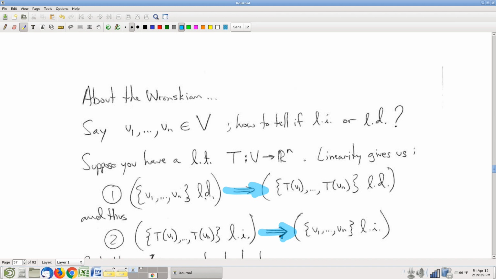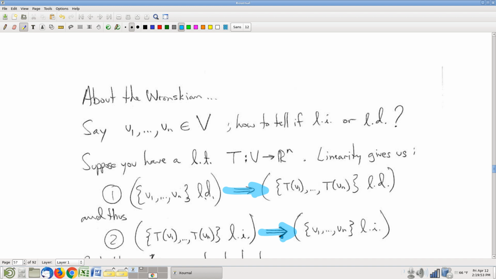The contrapositive says independent outputs must have come from independent inputs. These two statements are logically equivalent. So take a moment, make sure you're comfortable with this equivalence.